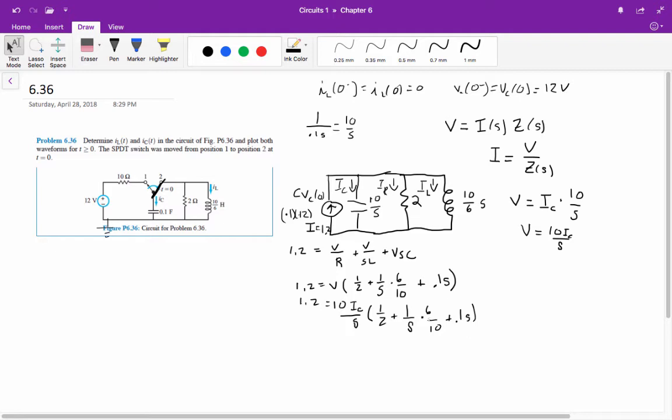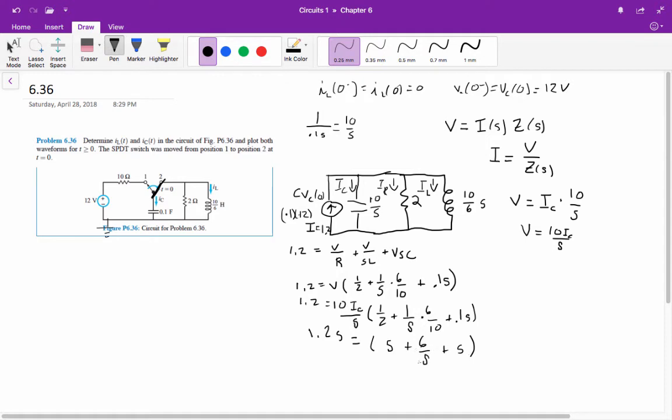So I am going to multiply both sides by S, so 1.2S, and this S will cancel, and I'll multiply this 10 through here, so I get 10 over 2 is 5, plus 6 over S, plus S.